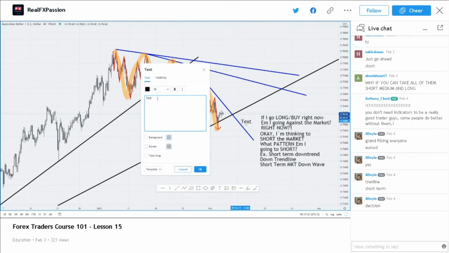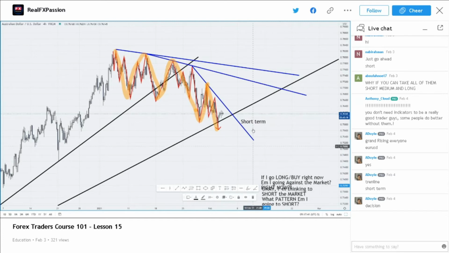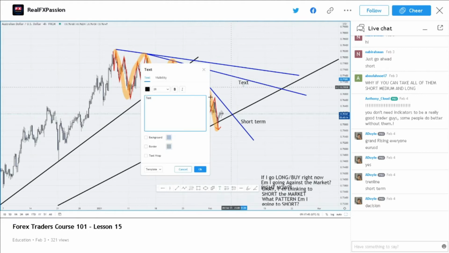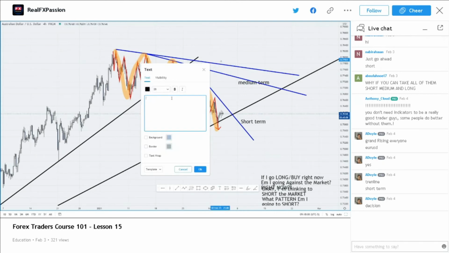The short term blue. What's the difference? The stop loss is going to be the difference, everybody. The medium term, or the long term on the 4-hour chart. Which one? Long term.